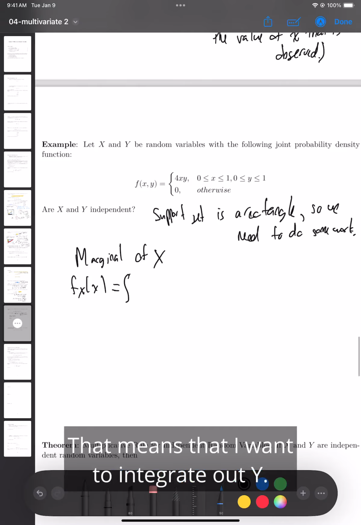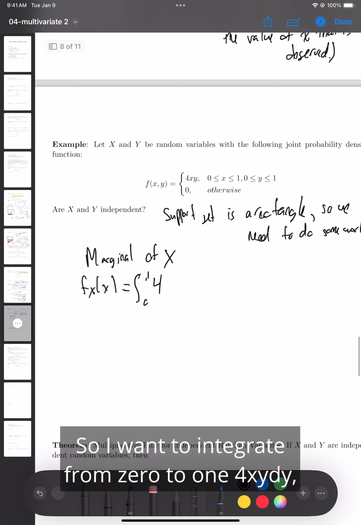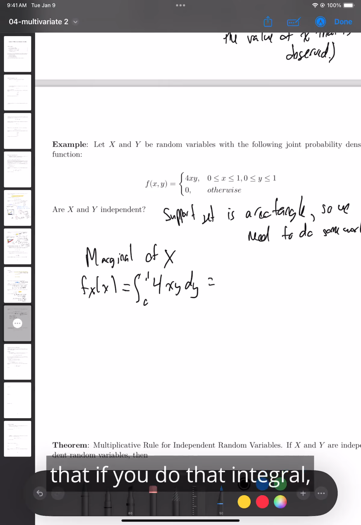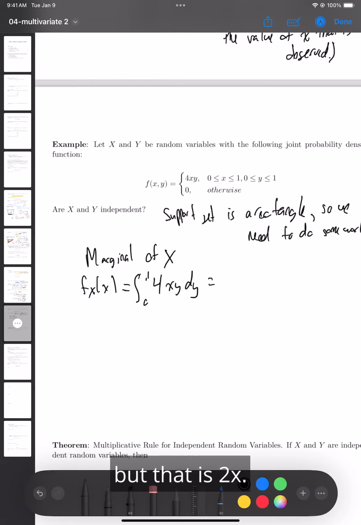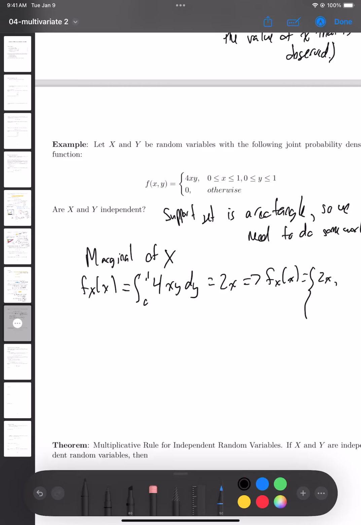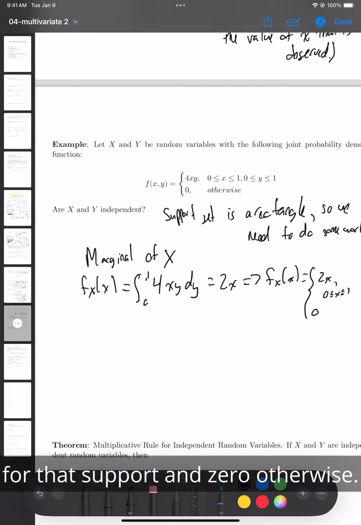That means I want to integrate out Y, so I want to integrate from 0 to 1 of 4xy dy. If you do that integral, I'm not going to show all the work, but that is 2x. So our marginal density is 2x for that support and 0 otherwise.